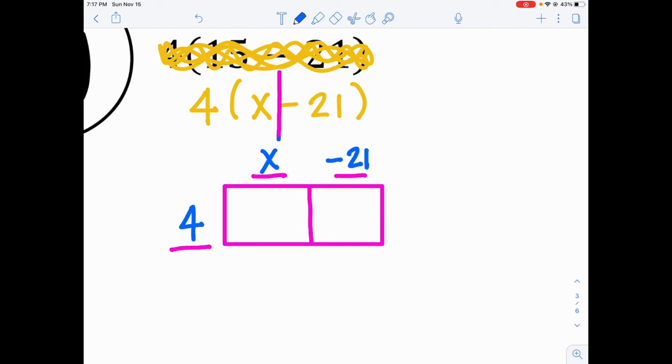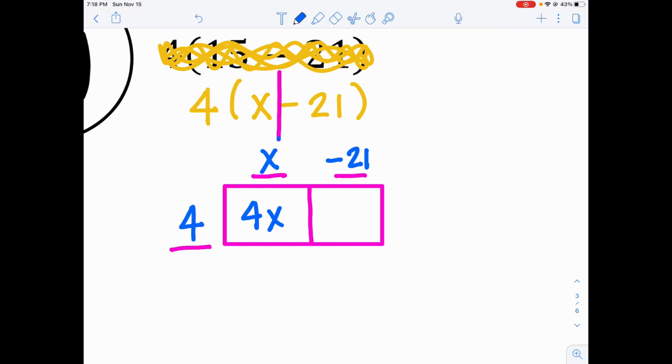Now we need to multiply to see what is going inside of our boxes. So first we're going to do 4 times x, and 4 times x, remember, is just 4x. It's the number times the variable. That's how many variables I get. So 4 times x is 4 x's. Now I'm going to take the number in front and multiply it by the number above the other term.